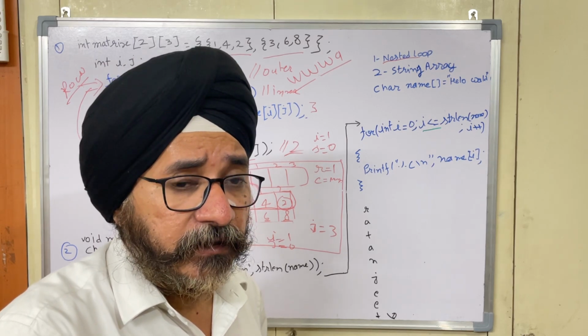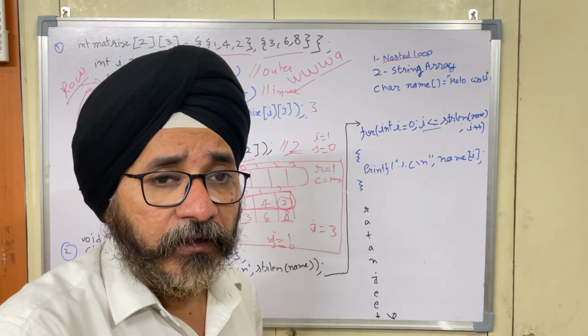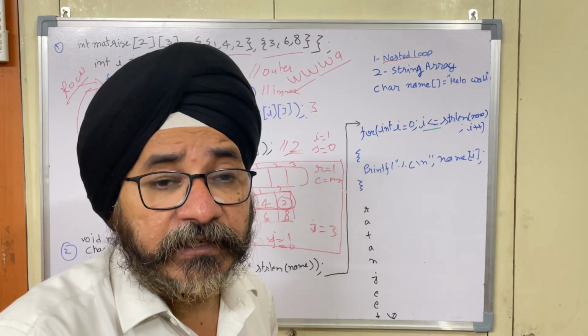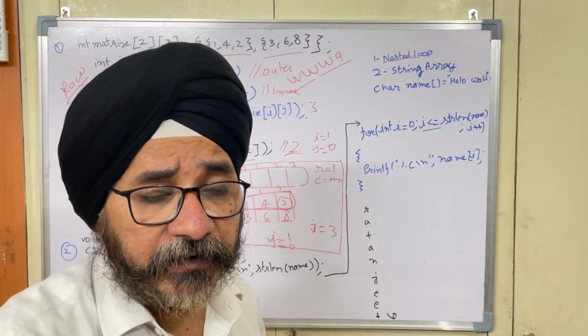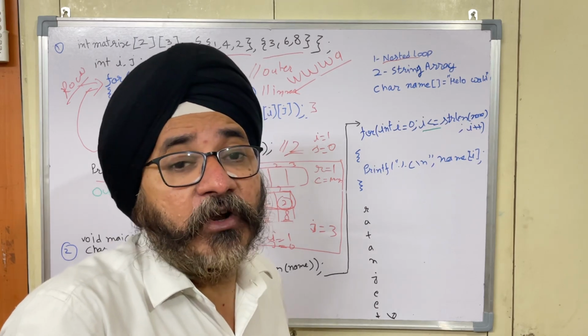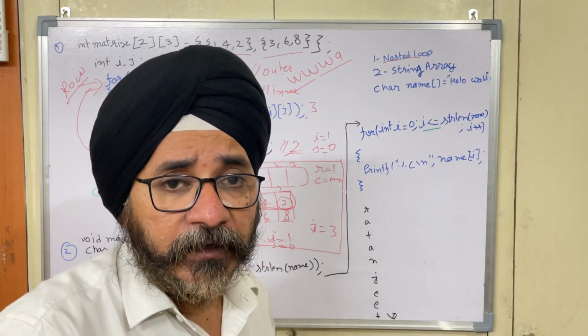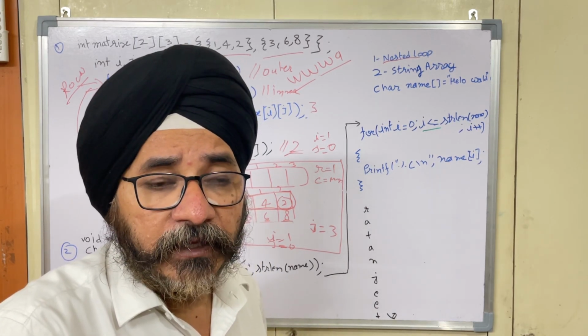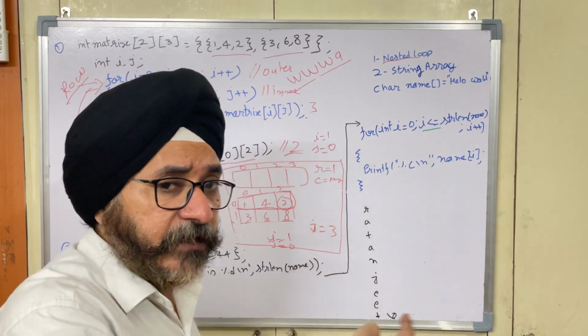So what is a string array? It contains constant character values. And why are we using it? Because we need the array to store names. And this is the example of how we approach it.